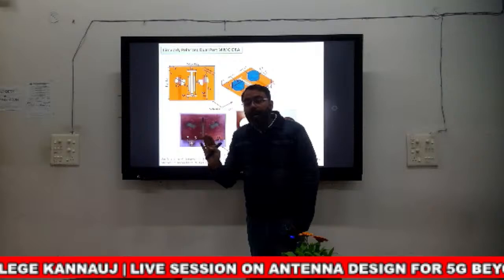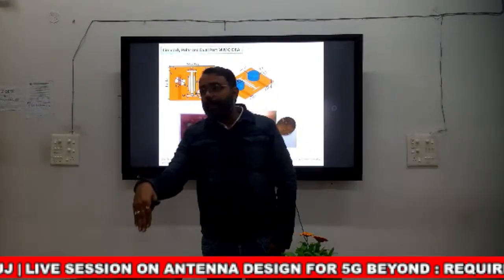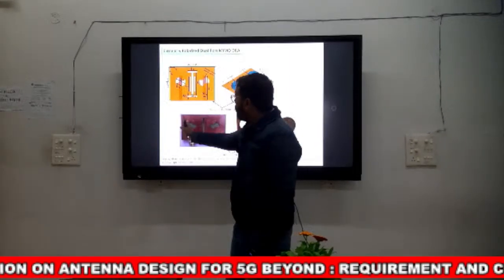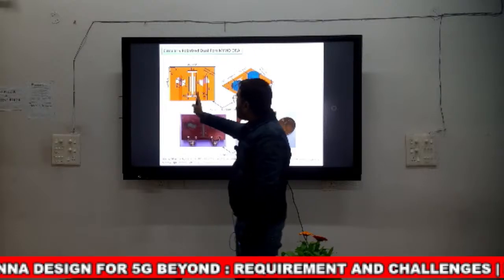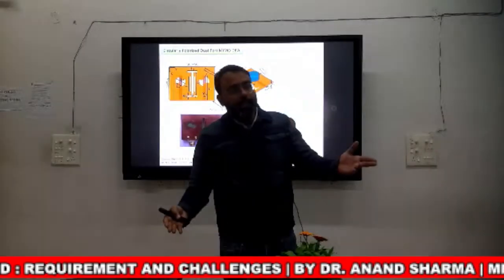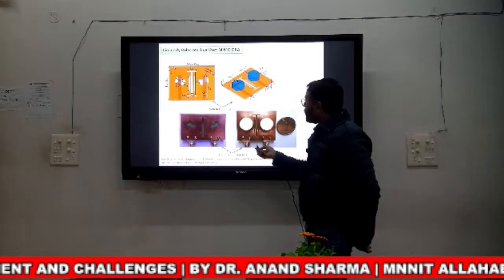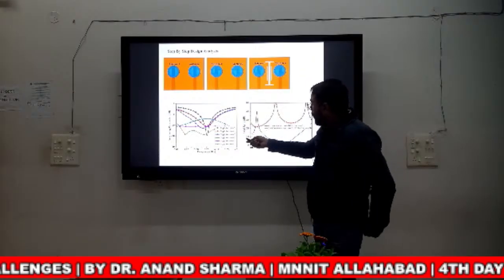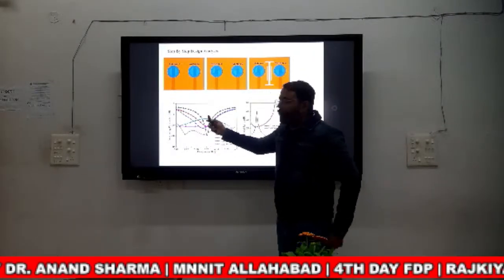That means we are introducing the polarization diversity concept. One is creating left-handed circular polarization, another is creating right-handed circular polarization. A polarization diversity is created, and due to this, the coupling is reduced.